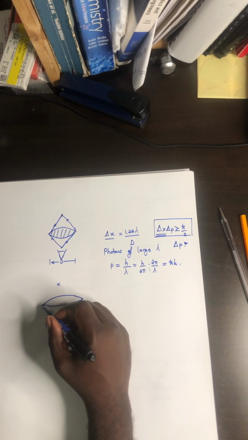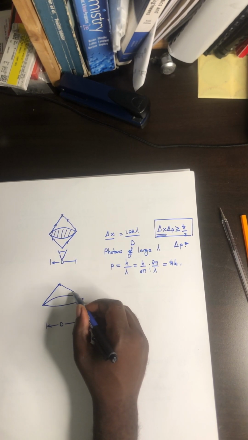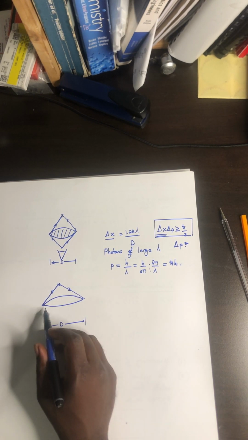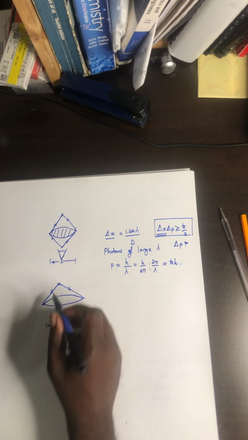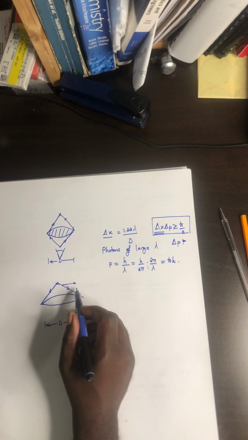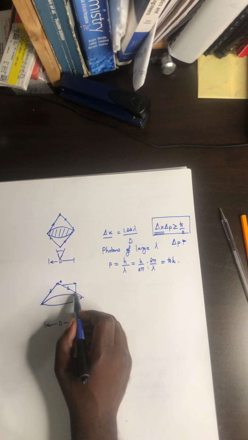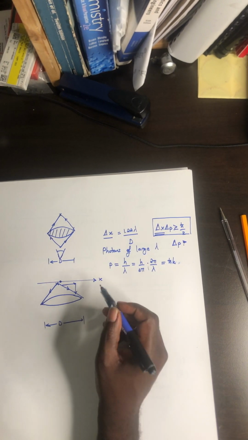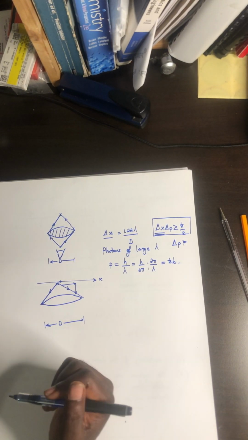That means that the path of the photons coming from the electron has a large component perpendicular to the optical axis, and that large component has an effect of disturbing the x position of our electron significantly, thus producing a large uncertainty in the position measurement.